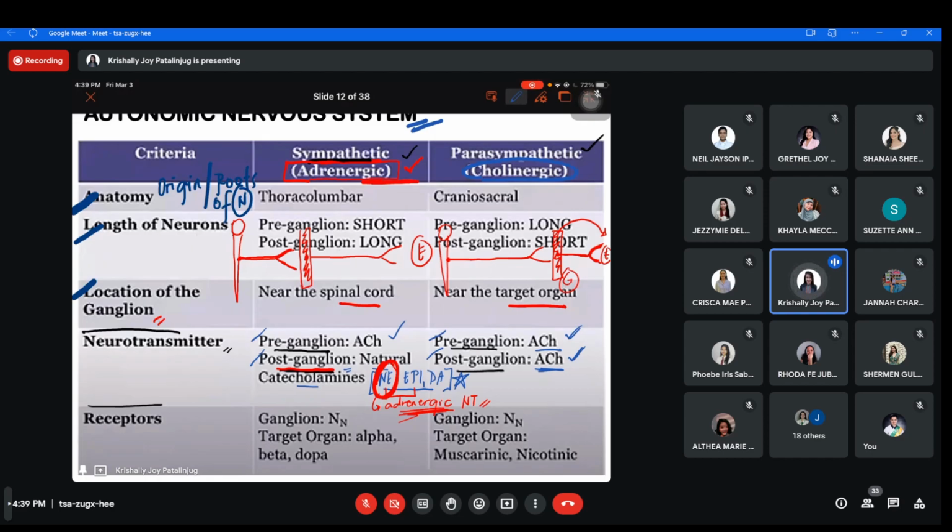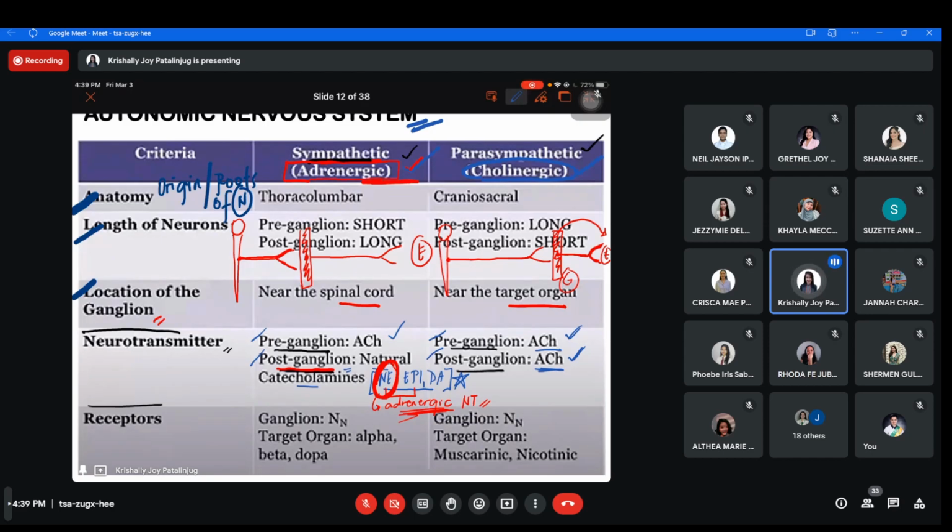Okay, so basically, kapag adrenergic, cholinergic nervous system, those terms has something to do with the neurotransmitter being accepted, being received by the effector organ. Okay?